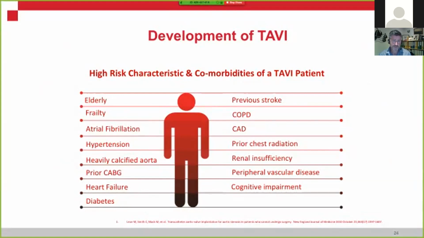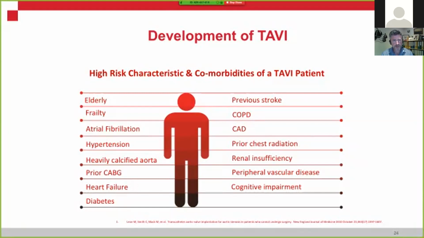They may have morphological criteria which mean that intervention from a surgical point of view is going to be very high risk, such as prior chest radiation, where they get a lot of scarring and tissue around the aorta, previous stroke, or a heavily calcified or porcelain aorta. Then surgical options may well not be appropriate.